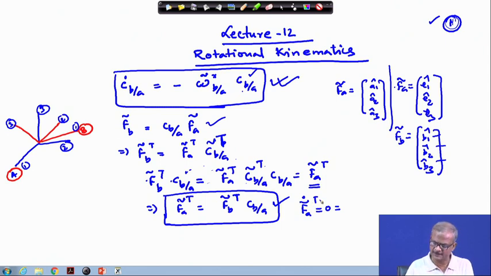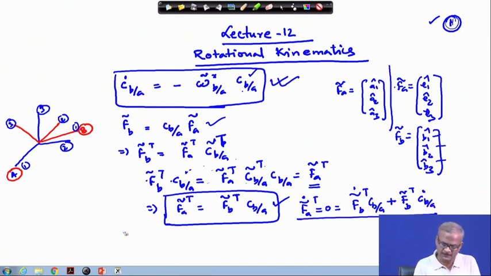So, f dot A transpose equals 0 on the left hand side, and on the right hand side we will have f B tilde dot transpose times C B/A plus f B tilde transpose times C B/A dot.